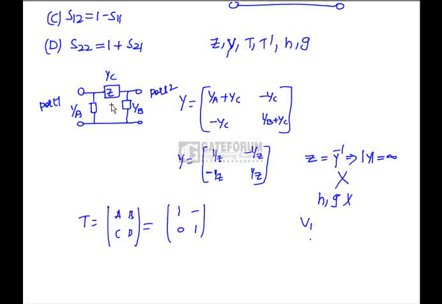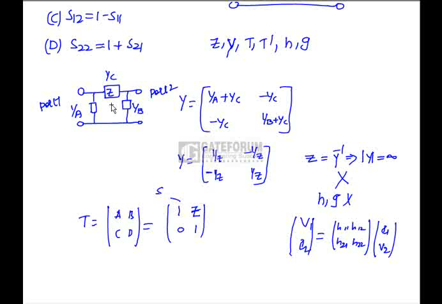H and G means V1, I2 is equal to H11 H12 and H21 H22 into I1, V2. Write the relations and you can find that H parameters and G parameters also cannot be found. So T parameters is equal to [1 Z; 0 1].